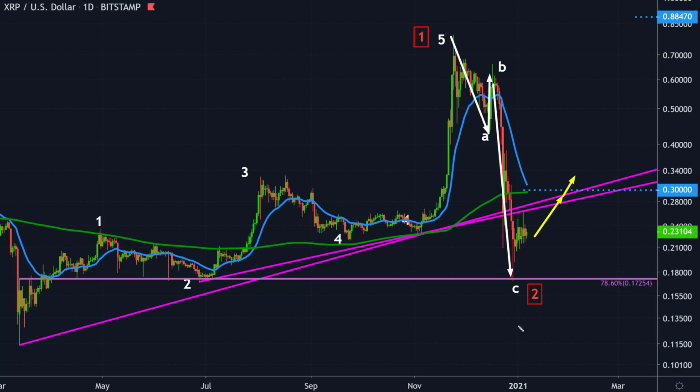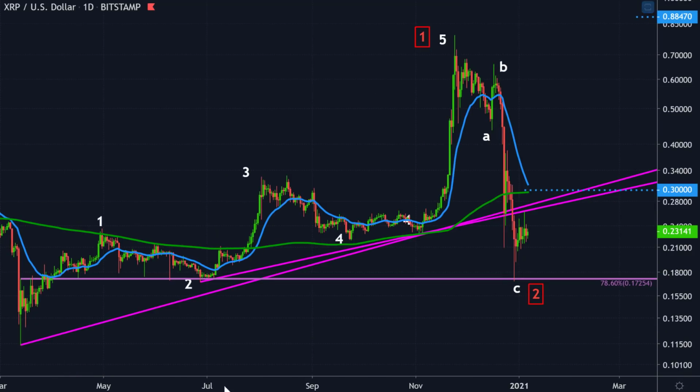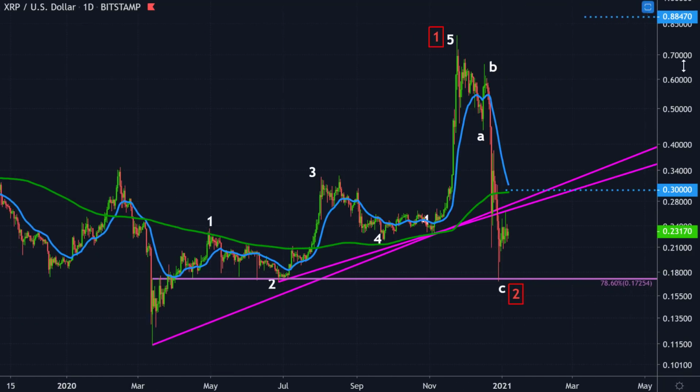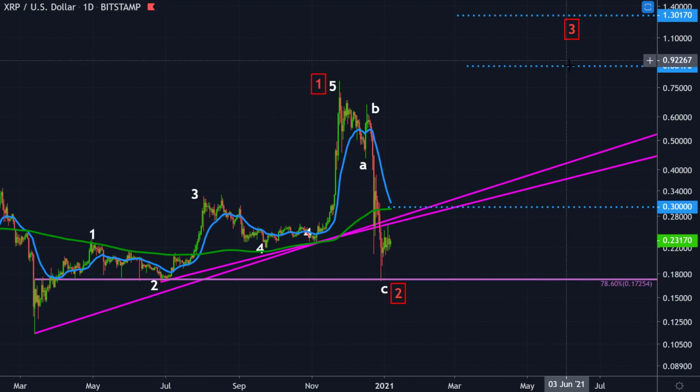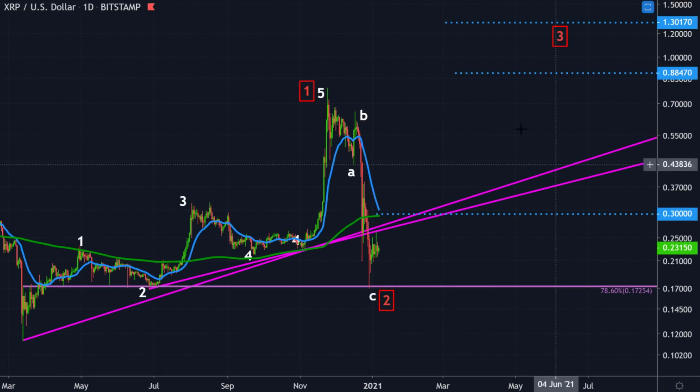Then wave 1, as you can see here, and then starting our likely wave 3, taking us to much higher levels. In this scenario, the potential targets are 0.88, 1, to 1.3 levels for 2021, assuming that 0.17 holds, assuming that XRP can maintain, respect and hold above 0.17.